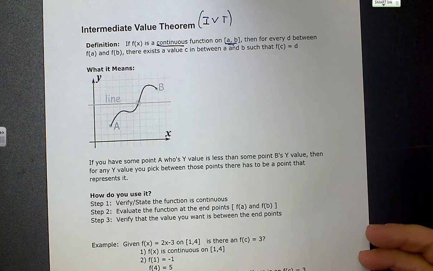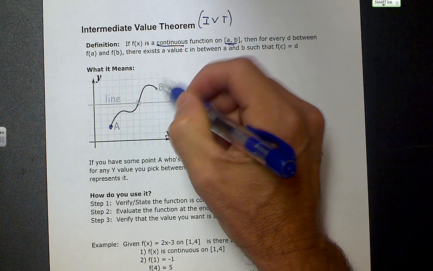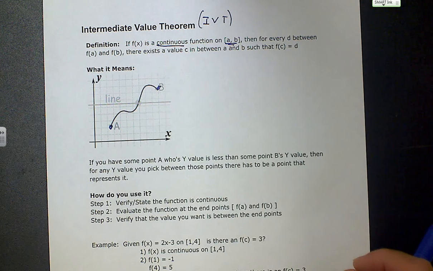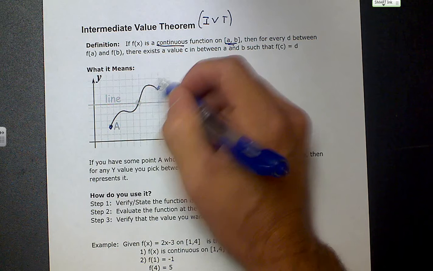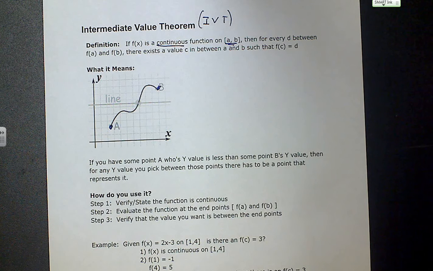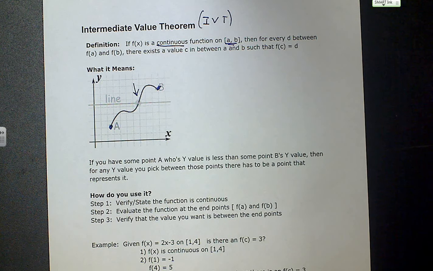So far, so good? Okay. It has a start point and an end point. I can use this to prove there is some y value between these two guys. So I can prove that that y value exists right there. An example of how this would be asked is down here at the bottom of the example.